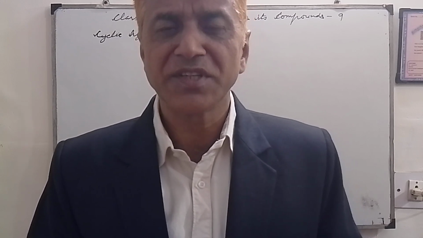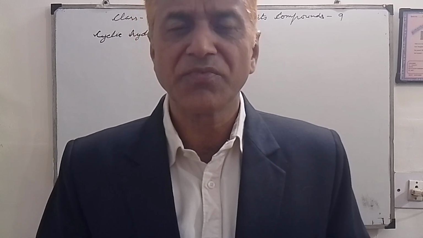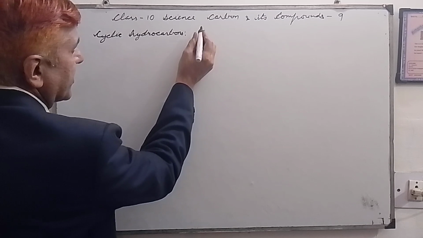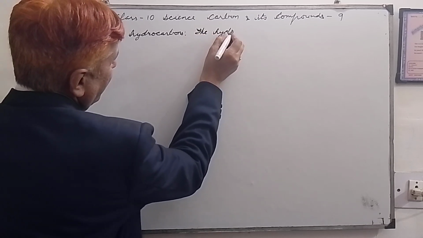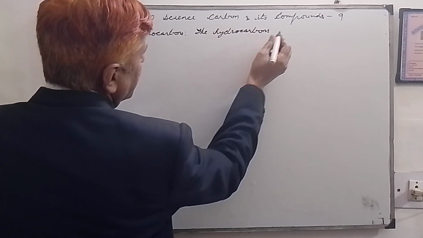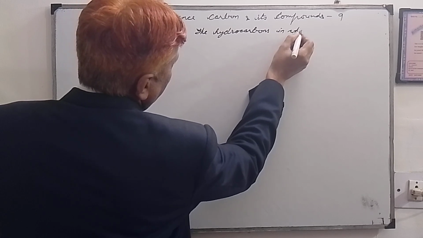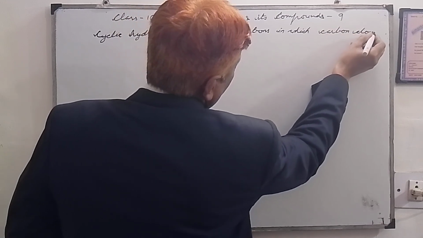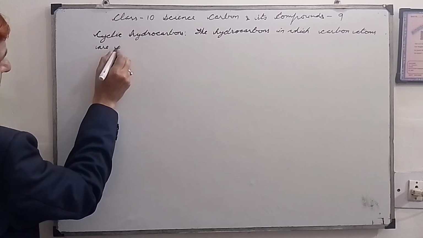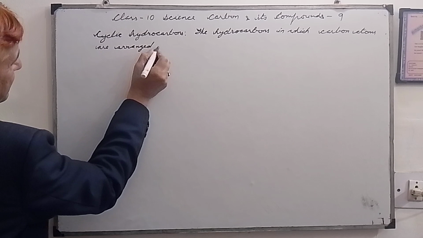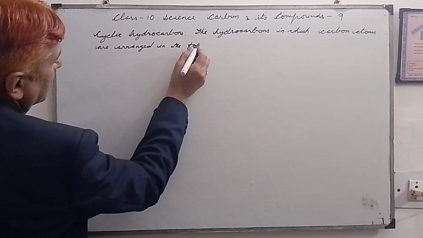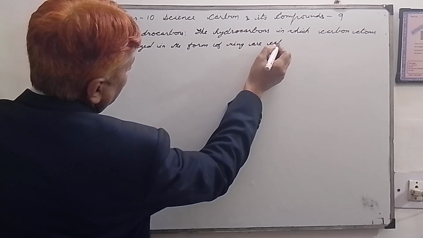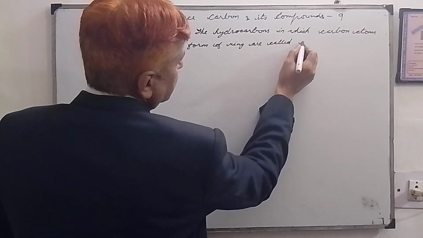Once again, the hydrocarbons in which carbon atoms are arranged in the form of ring are called cyclic hydrocarbons. So let me write the definition.